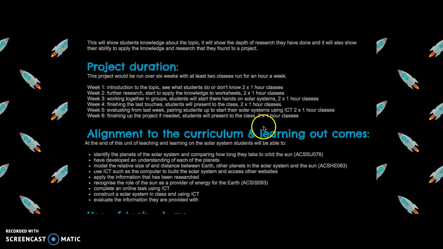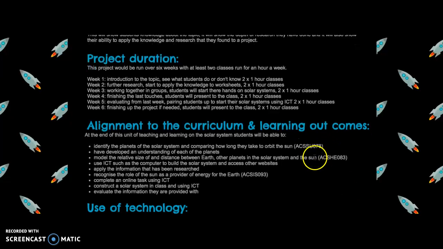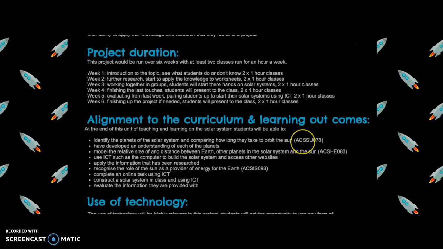The alignment to the curriculum and learning outcomes are elaborations on what students should demonstrate after their projects. All the ones that have A, C are aligned to the ACARA curriculum, and the rest are learning outcomes which should be demonstrated by the students.